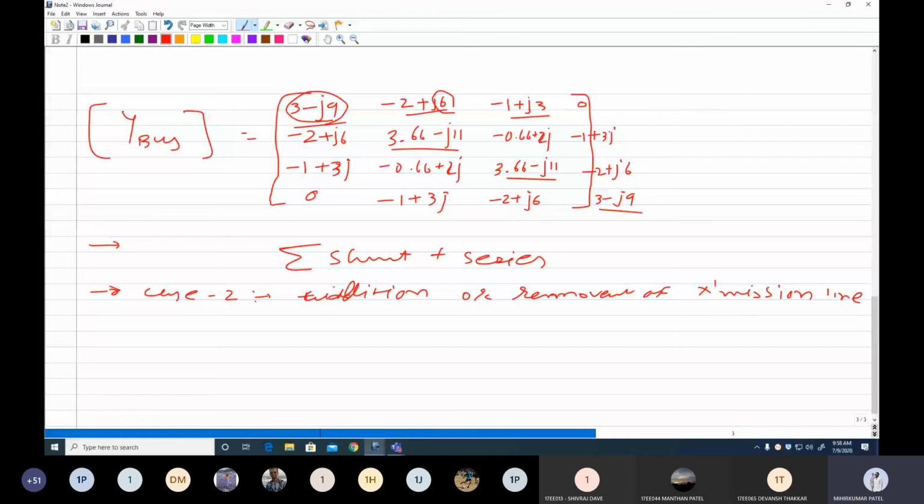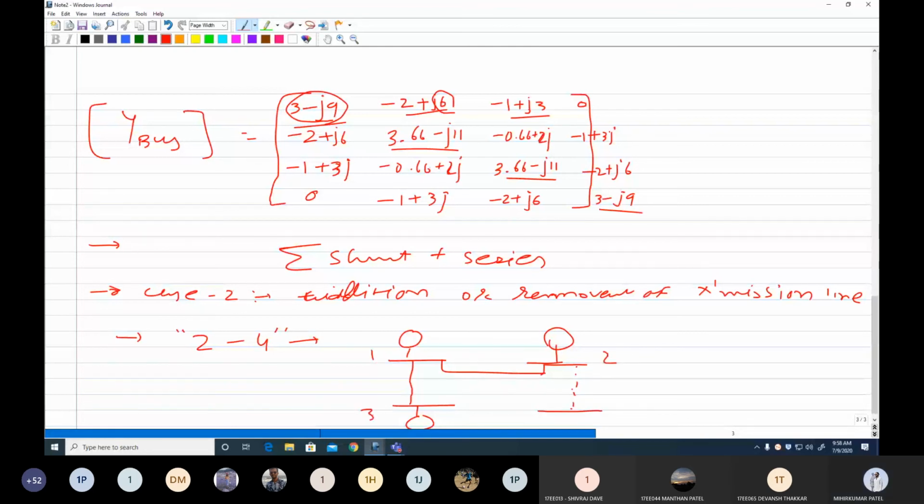Clear? So write down the condition for this example. Just remove the transmission line between bus number 2 and 4. Remove the transmission line between bus number 2 and 4. So now your network is represented as, previously the transmission line between 2 and 4 is given.